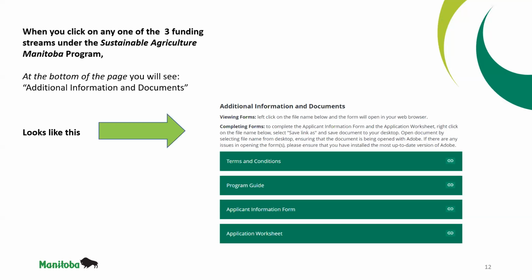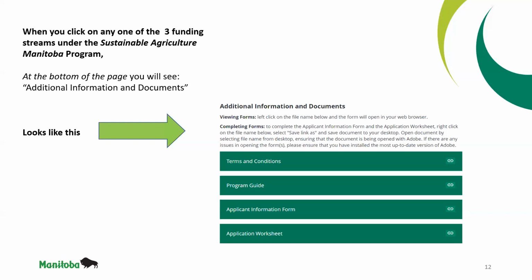There's a separate program guide for each of the different funding streams. There's one for crop management, which lists all the BMPs and all the details. There is one for manure and livestock management, and there's also one for water management. So whatever BMPs you're thinking of applying to, make sure you read that program guide.